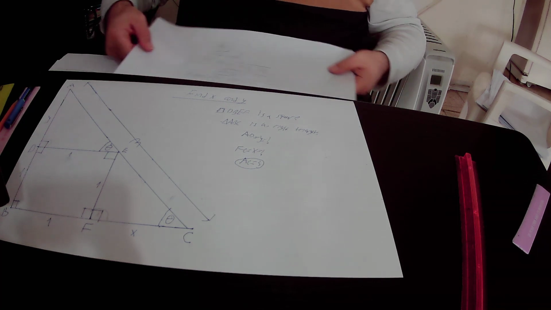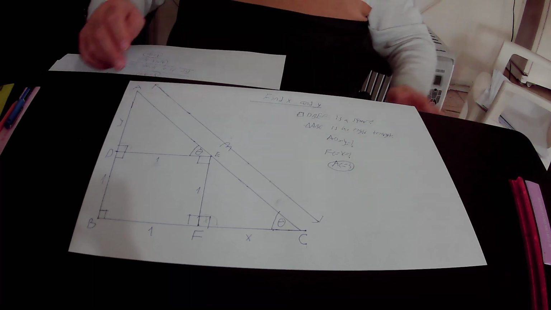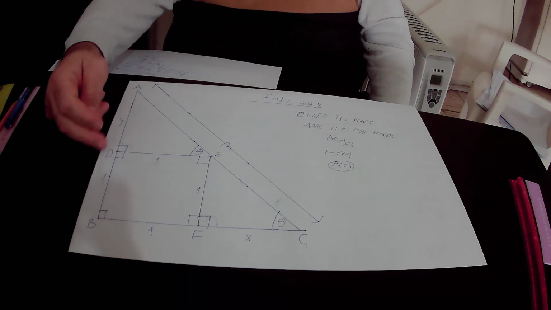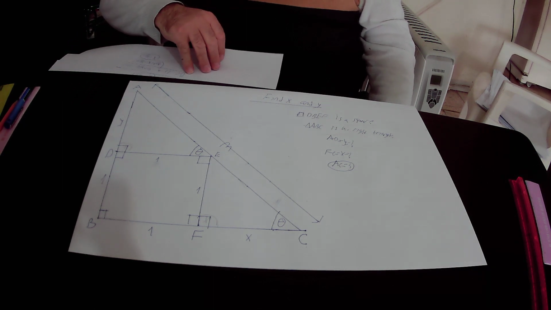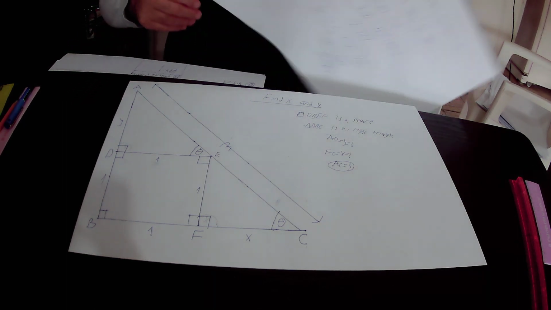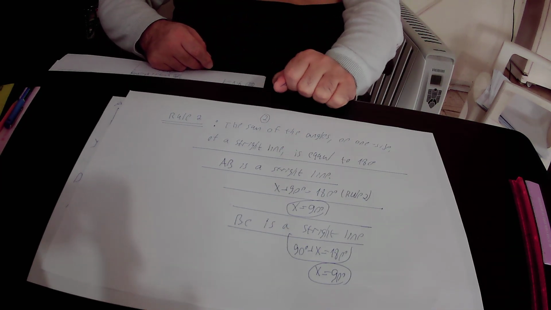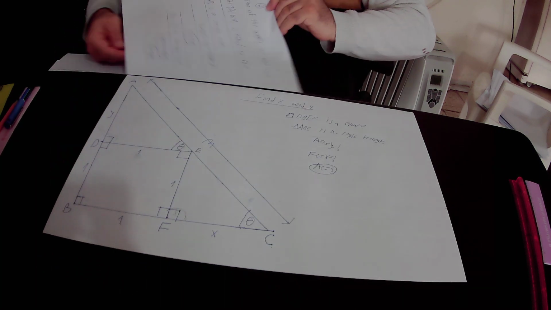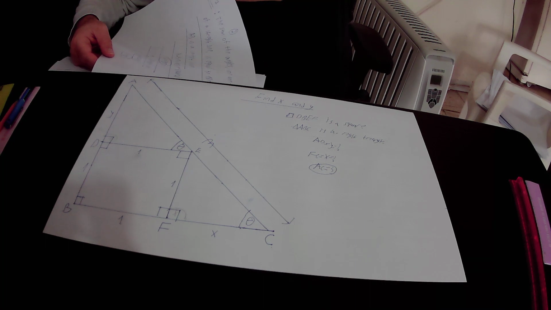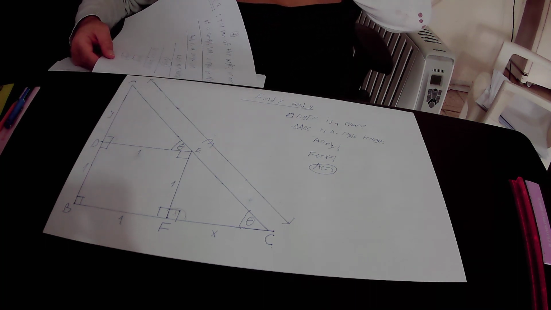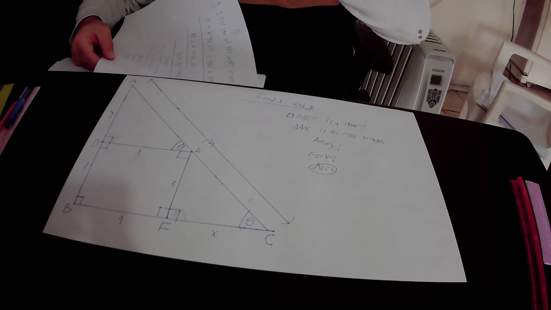So here we have side AB. AB is one side of the right triangle ABC, therefore it is absolutely a straight line. If we focus on this side of the straight line AB at point D, then the sum of the angles here must be equal to 180 degrees.